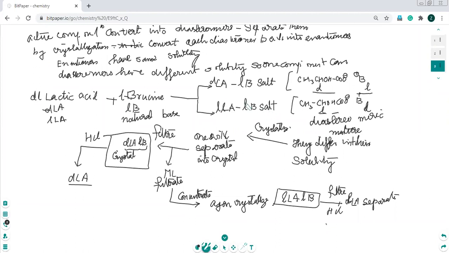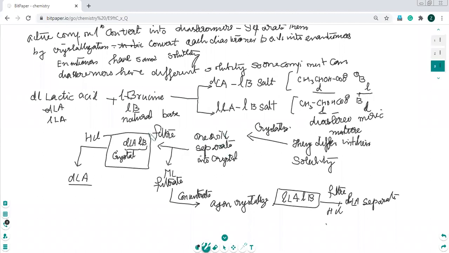So they are non-mirror image stereoisomers. So you call them diastereomeric, and diastereomers have different solubility. One salt will have more solubility than the other one.